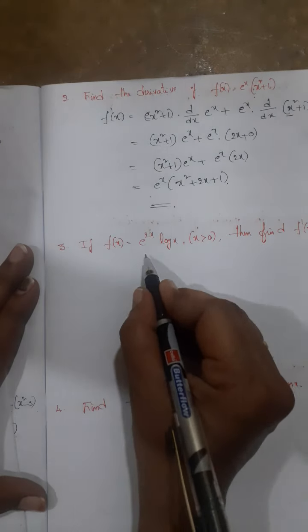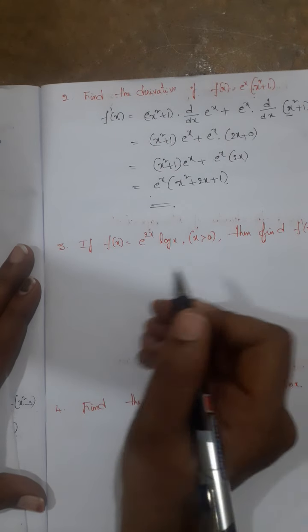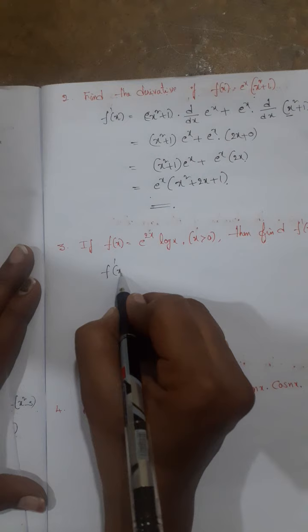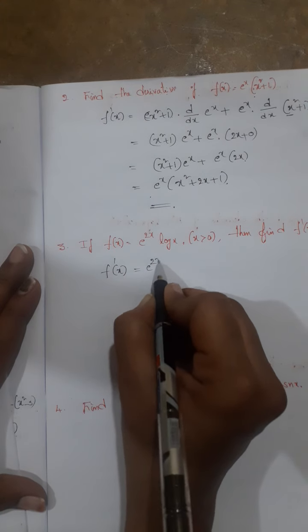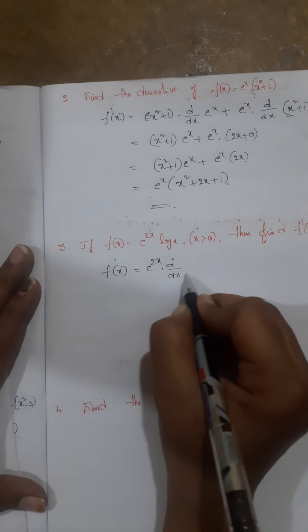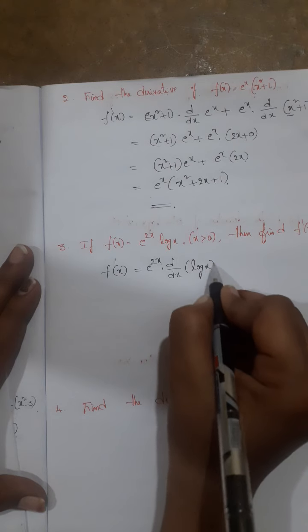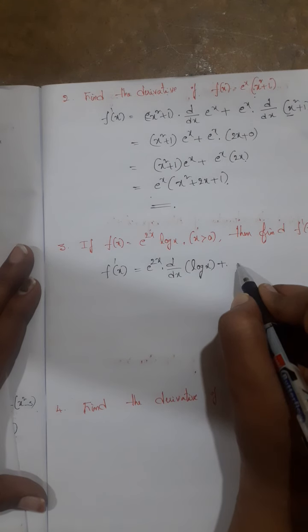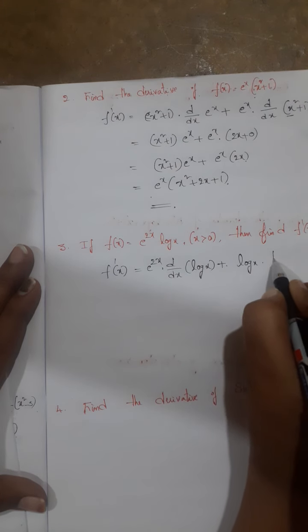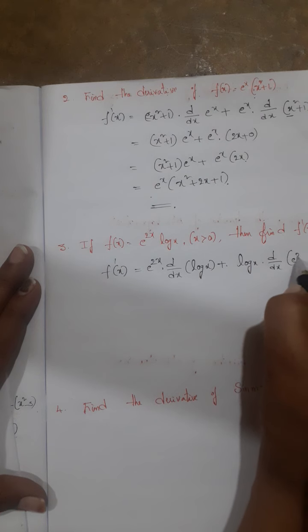Given f of x is equals to e to the power of 2x into log x. So what about f dash of x? E to the power of 2x d by dx of log x plus log x d by dx of e to the power of 2x.